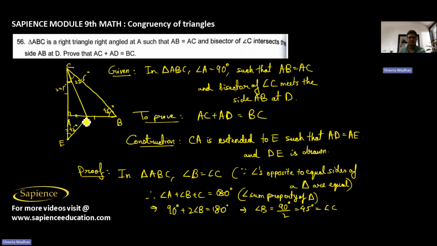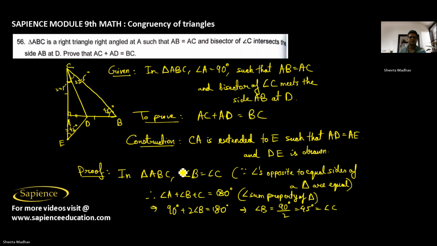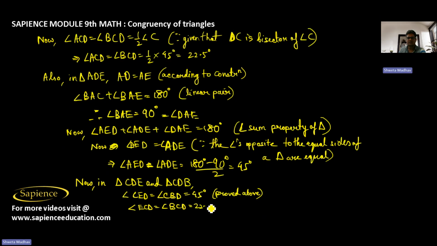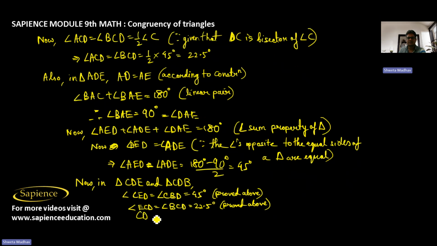And angle ECD is equal to angle BCD, which is 22.5 degrees, which is half of 45 degrees, also proved above. And CD is the common side.